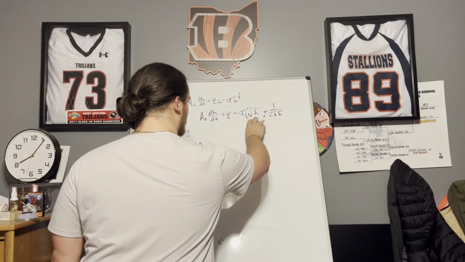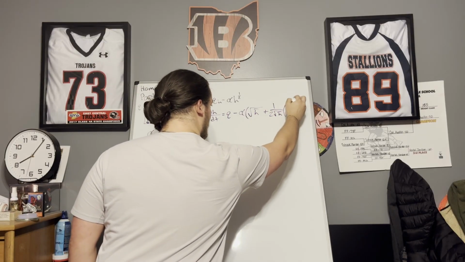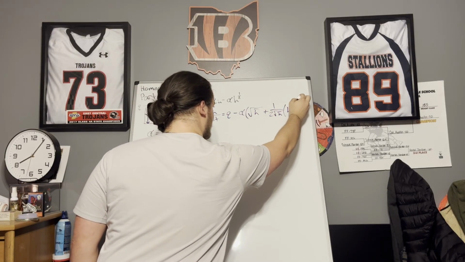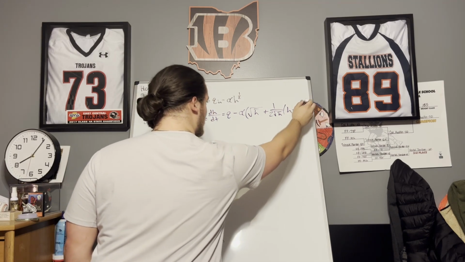The derivative of our square root of h is going to be multiplied by h minus h bar, and this is just showing the deviation from our steady state.